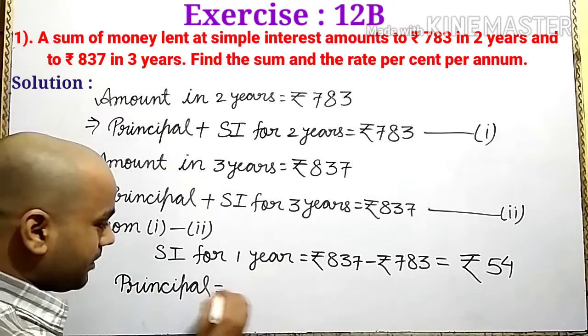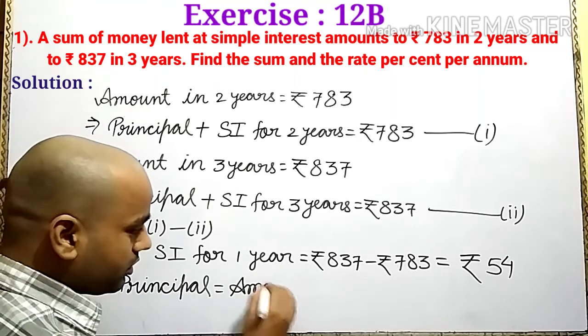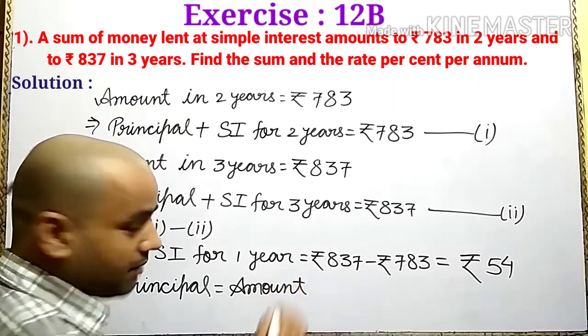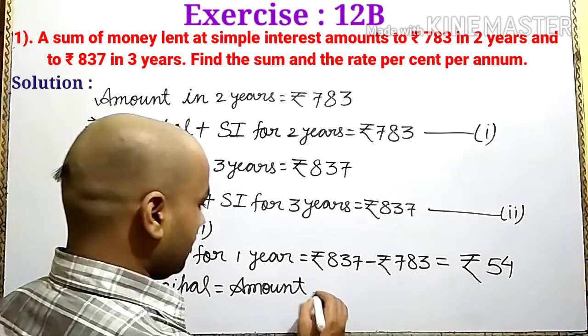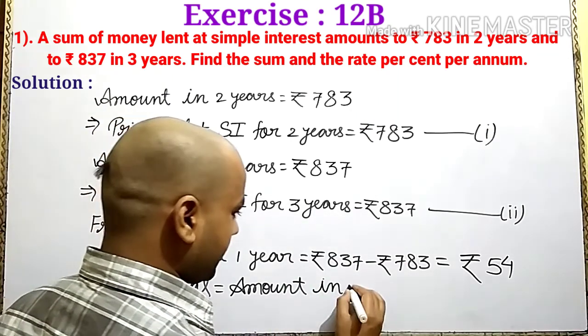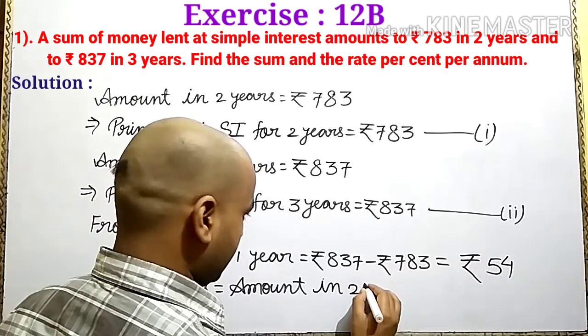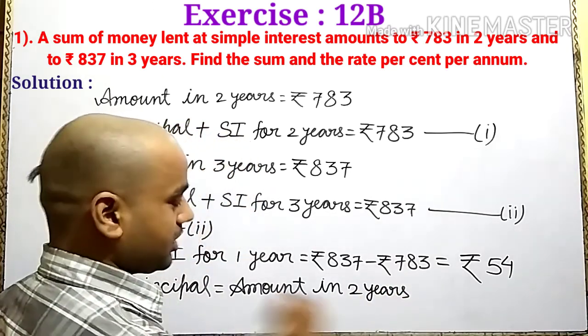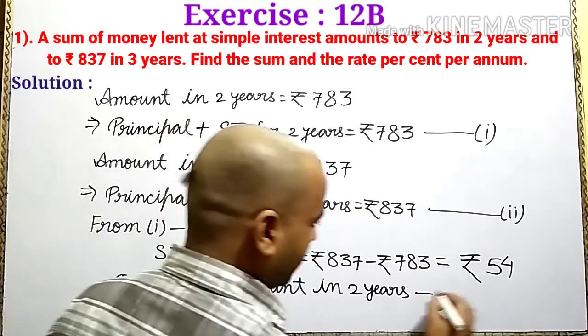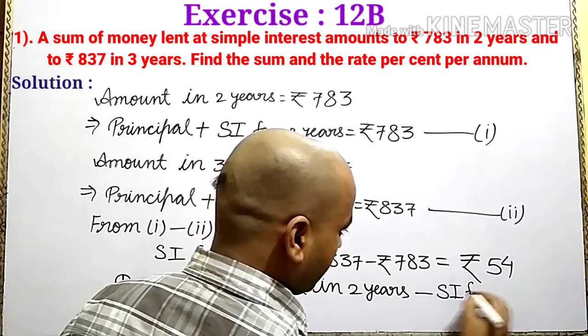We know that principal is equal to amount minus simple interest. So here write amount in 2 years, and subtract simple interest for 2 years.